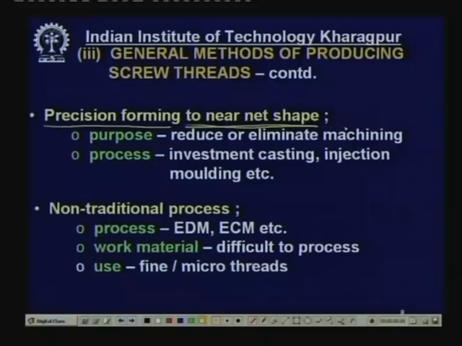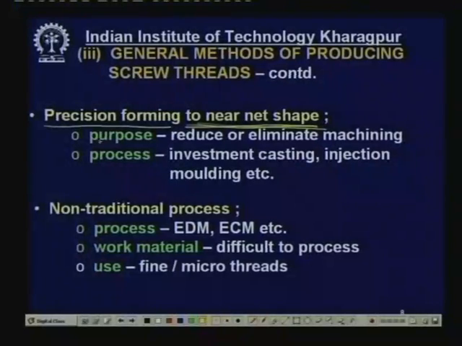Near net shape means preforming very close to the final dimensions, so that machining is not required, and grinding, if required, may be a very small amount. This is called near net shape principle, which is done by, say, investment casting, injection molding and so on. In this process also, small internal and external threads can be produced.